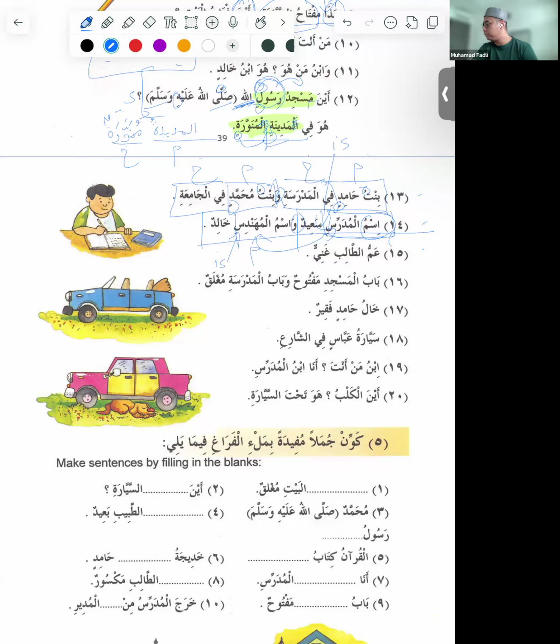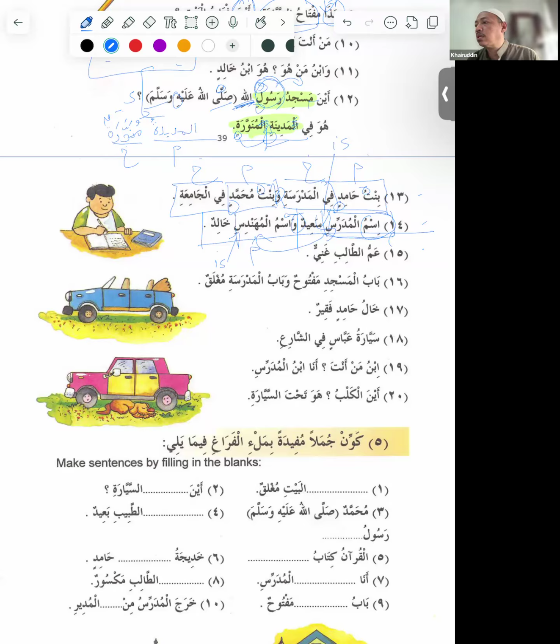Ustaz, for the ismu after the joining on wa ismu, there is indeed no kasrah. Okay, this is a special word, this isim. If it is used in the nakira form, it will take Hamzatul Wasl.